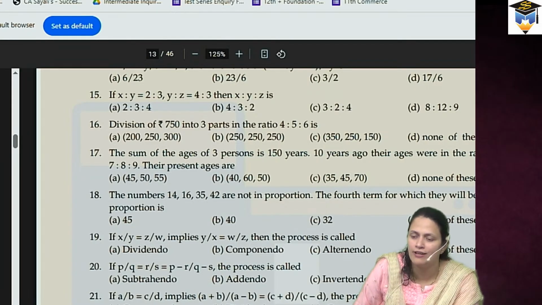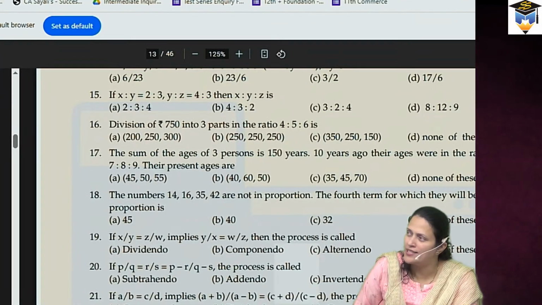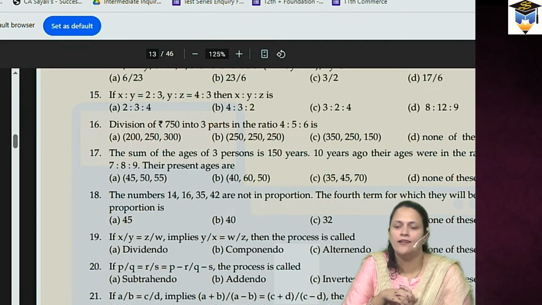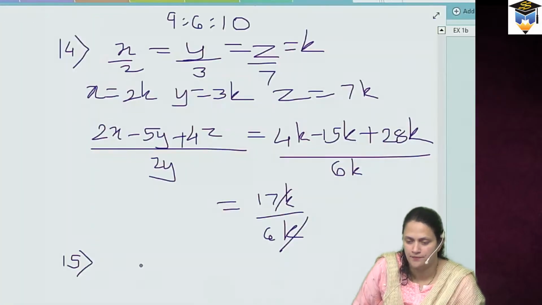You have to find out the value of x is to y is to z. Can you do it? Do it and tell me what is the answer. 15th sum, x upon y is given to you as 2 by 3, y upon z is given to you as 4 by 3, and you have to find out x is to y is to z.